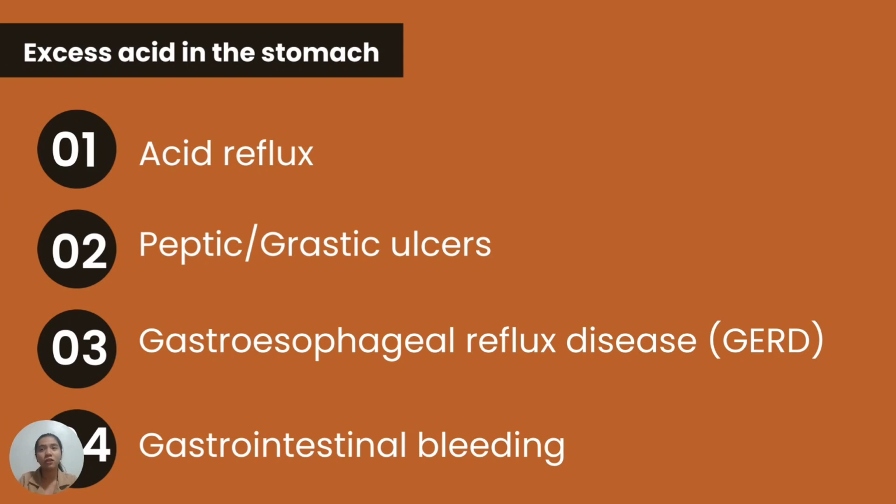And there are a lot of foods that we need to avoid so that it would not worsen. Next is gastrointestinal bleeding. So this involves bleeding anywhere in your digestive tract, which is very dangerous.